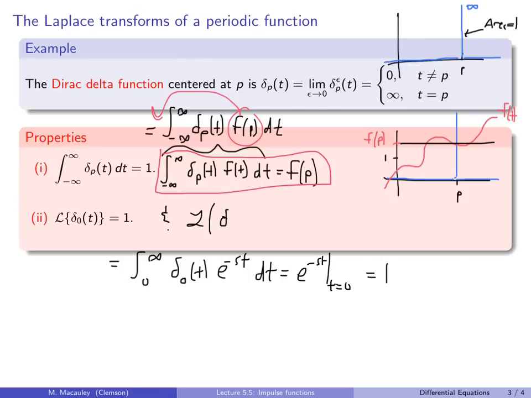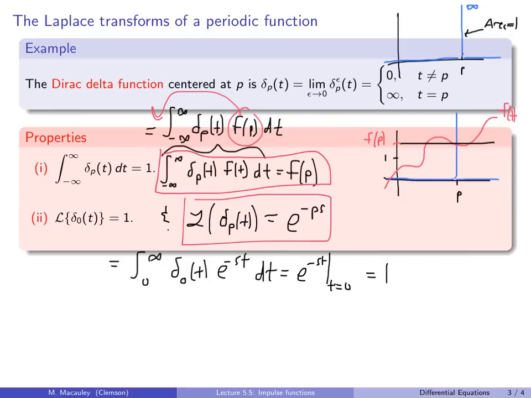A consequence of this, I claim, is the Laplace transform of the delta function at p of t. What's that going to be? Well, I'll show you two ways to do it. First of all, I claim that this is e to the minus p times s, because s is my actual variable here. Let me box that as well.